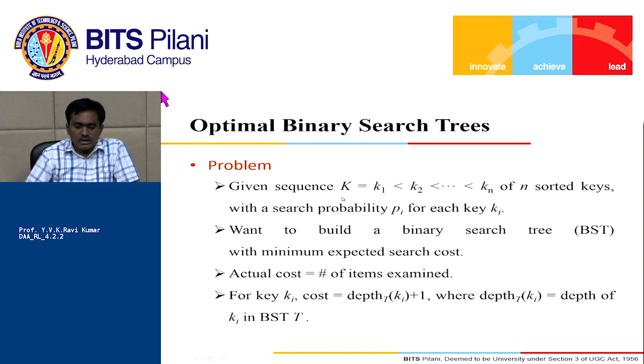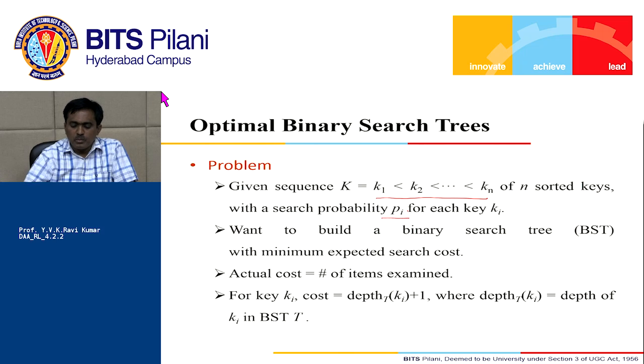Now, what is it that we are going to do in this optimal binary search tree? Here the problem we are going to discuss is this: consider a given sequence K which contains the keys K1, K2, and so on up to Kn, which are all sorted keys, where each key has a search probability Pi.